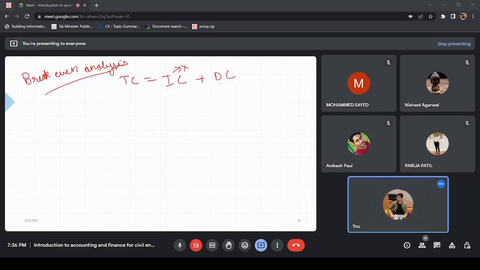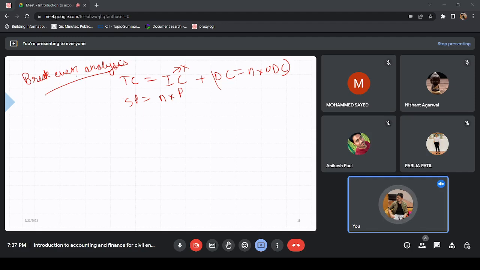So for direct cost, you can also write that direct cost is equal to n times unit direct cost, that is, direct cost of one unit into the number of units produced. And what would be your earnings, or I would say, total selling price would be n times the price of one unit, right?